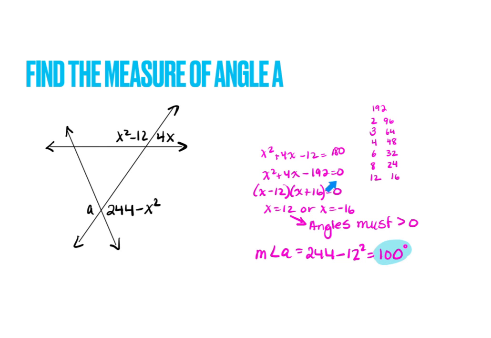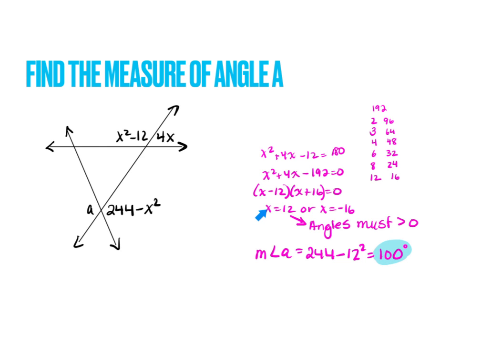So once I get here, I set it equal to 0. I need to find two numbers that multiply to negative 192, but add to positive 4. And it did not come to me in a vision, so I made myself an organized list. And I got to where I knew 12 and 16 multiplied to 192, and then I noticed their difference was 4. So those were the two that worked.